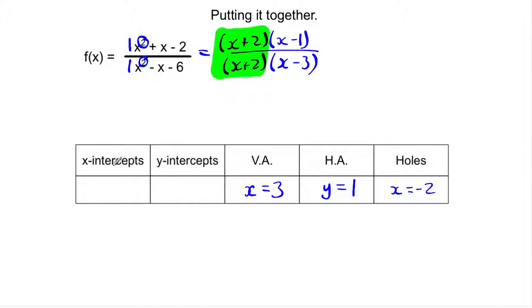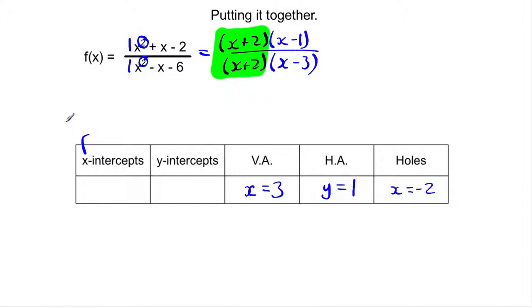Now, the x-intercepts are where y is equal to 0. So it's going to cross the x-axis at y is equal to 0. What's going to make a fraction equal to 0? Well, if the denominator is equal to 0, it's undefined.